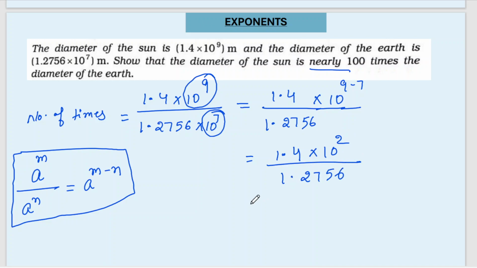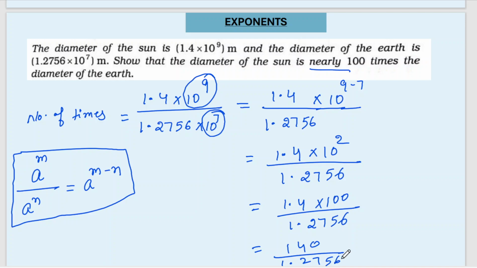1.2756. Okay. Now you can see 1.4 into 100 divided by 1.2756. Now this you can see I can write this as just 140 divided by 1.2756. If you divide it, you will get 109 point something.